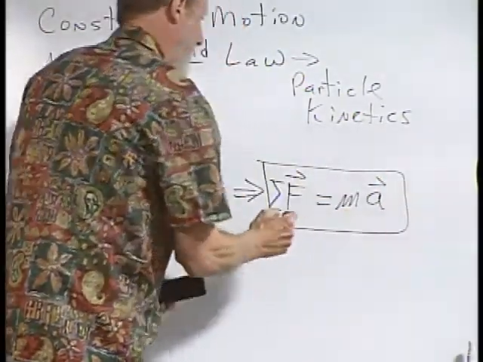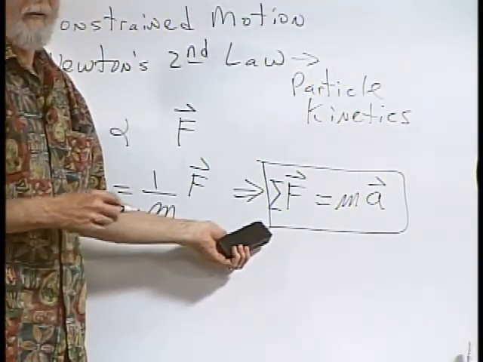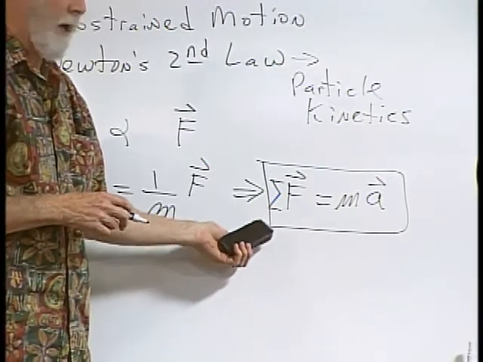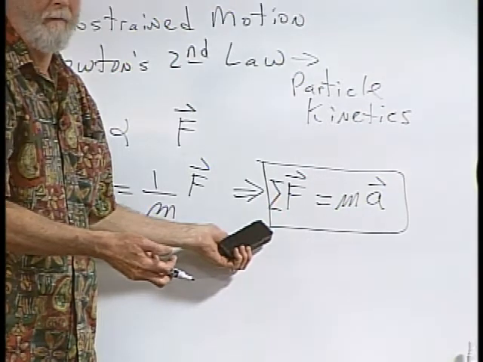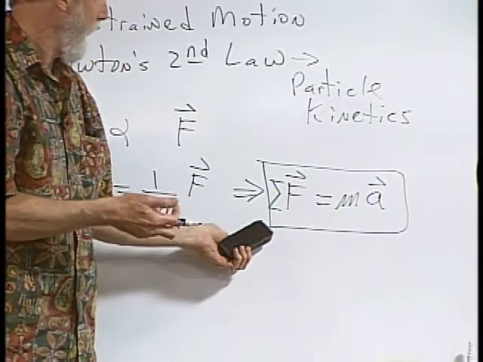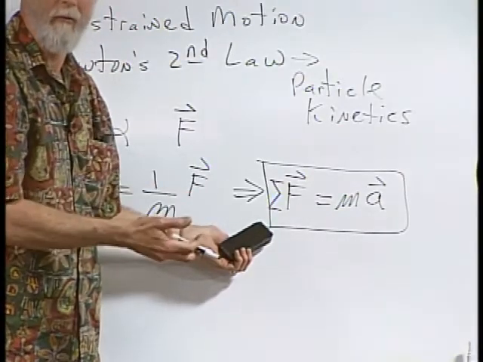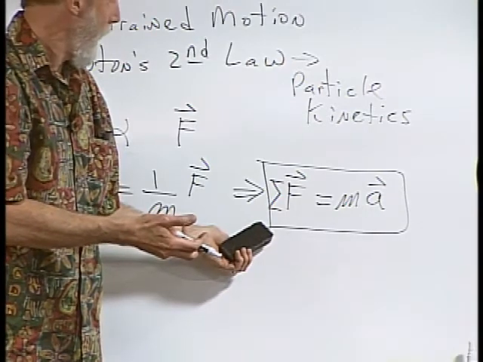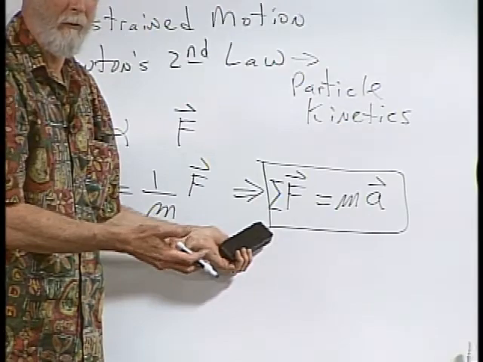So this is the governing equation, and we're going to spend a few weeks now looking at this in different ways. We have 3 coordinate systems available to us. We have motion that might be called unconstrained motion, and then other types of problems that might be called constrained motion.